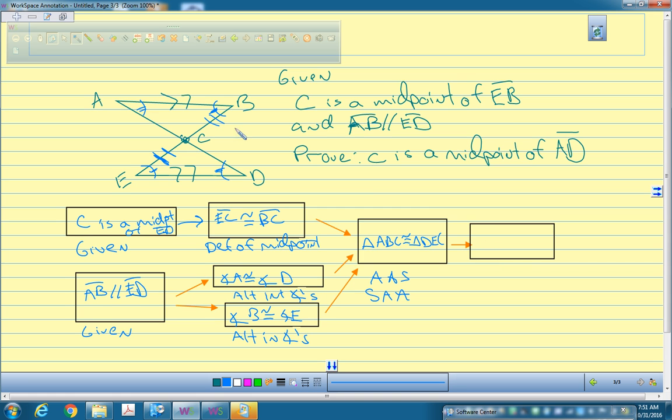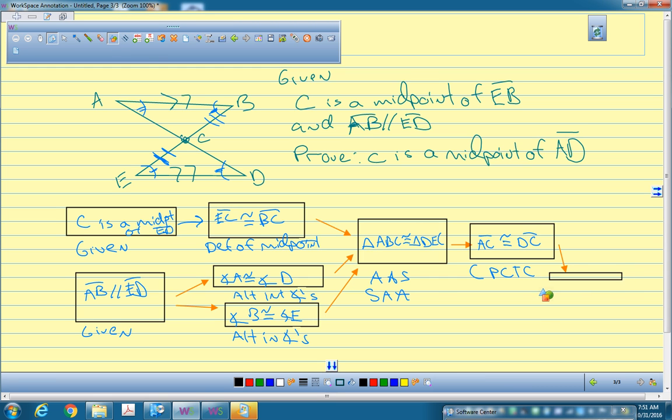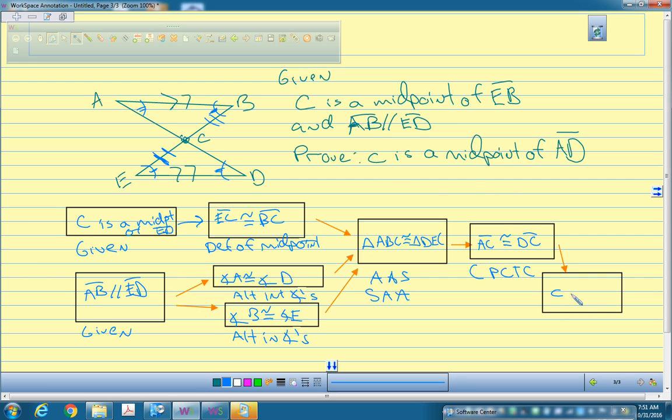Now I can say that AC is congruent to DC, and that's CPCTC. And finally, in my last box, I'm going to put it down here because I'm running out of room. In my last box, I can put that C is a midpoint of AD.